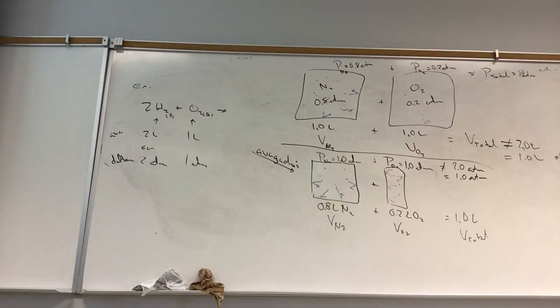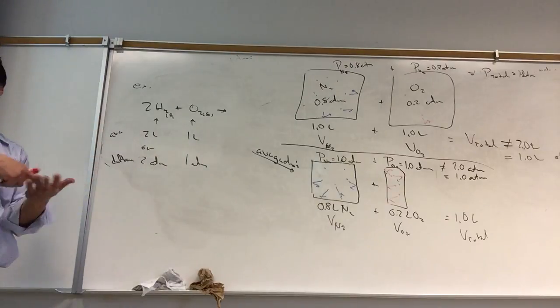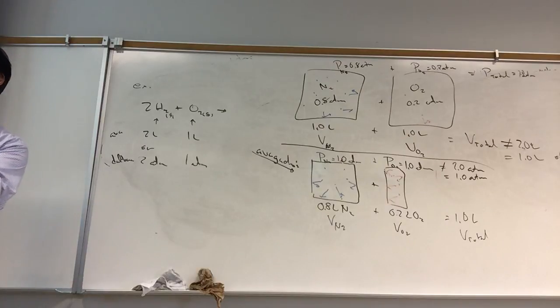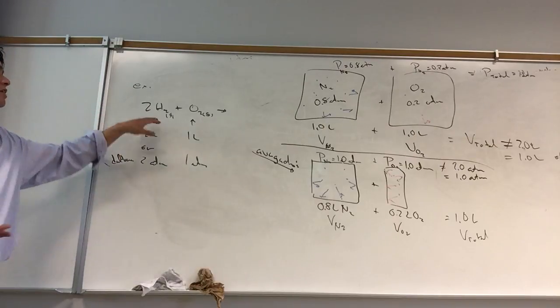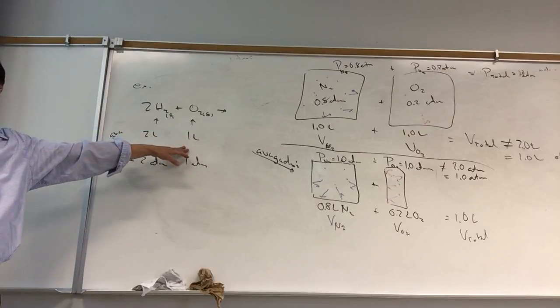And it depends on how you do this, because both ways are done. Some people will get a container and then just inject hydrogen, 2 atmospheres. And then in the same exact container, inject oxygen, 1 atmosphere. Or then get a 2 liter box of hydrogen, and mix it with a 1 liter box of oxygen.